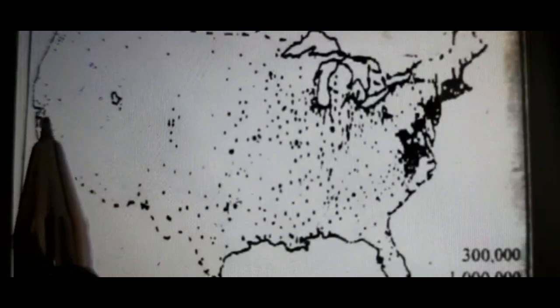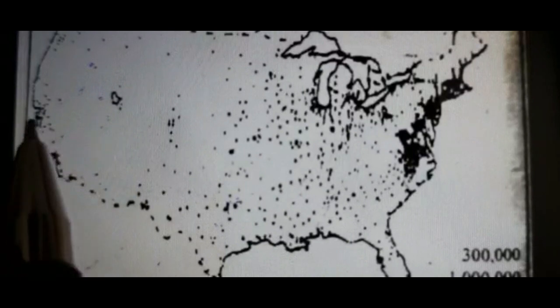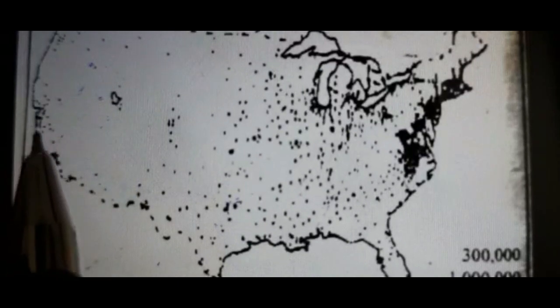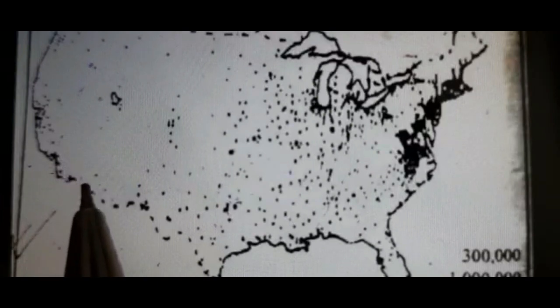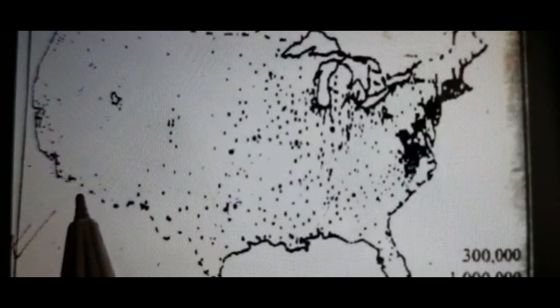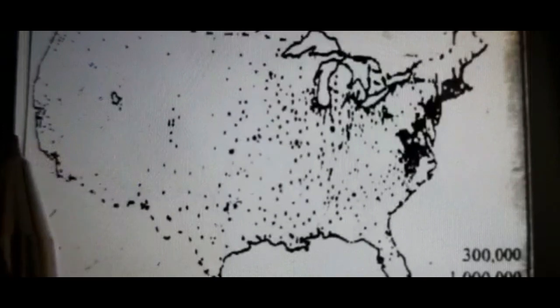This is the California region. There again it is thickly populated. This is because of natural conditions, because this place enjoys a Mediterranean type of climate, and thus agriculture is possible.